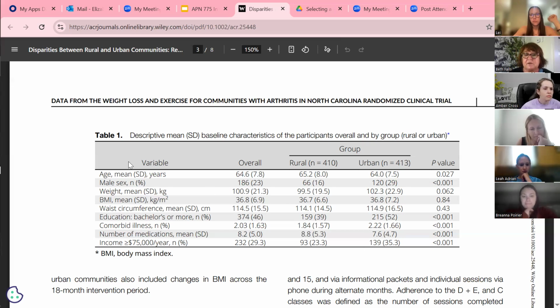This is what I'm talking about with your descriptive variables. Usually it's the relevant demographic variables and then any potential confounding variables. Usually it's represented overall and then per group, and then you do your analysis and compare your groups. That's your descriptive statistical analysis, but each one of these is analyzed separately.